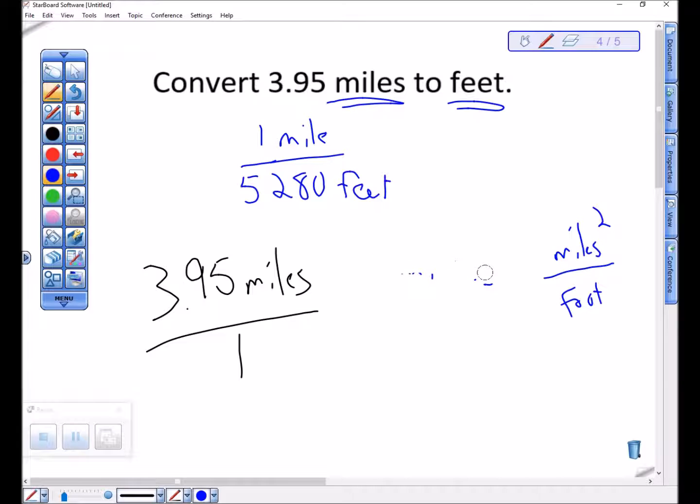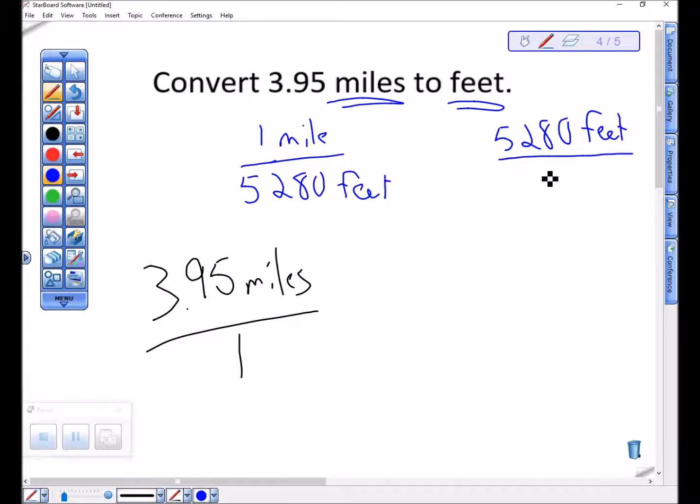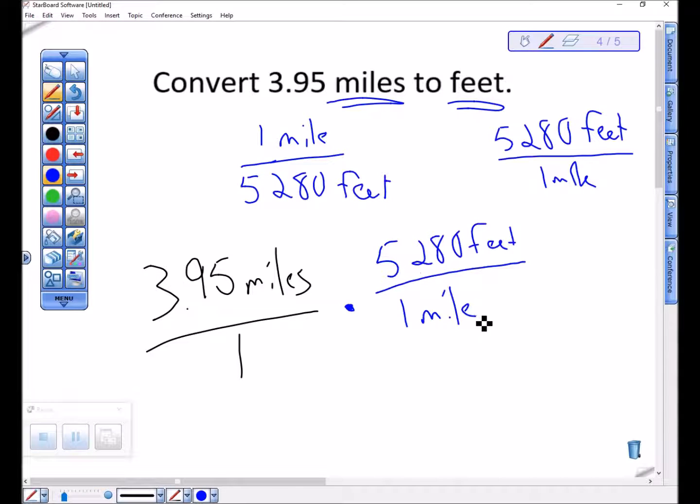I just want feet on my answer. So instead, I need the unit fraction that is the reciprocal of that one, or upside down version of that one, 5,280 feet over 1 mile. Okay, so times 5,280 feet over 1 mile.